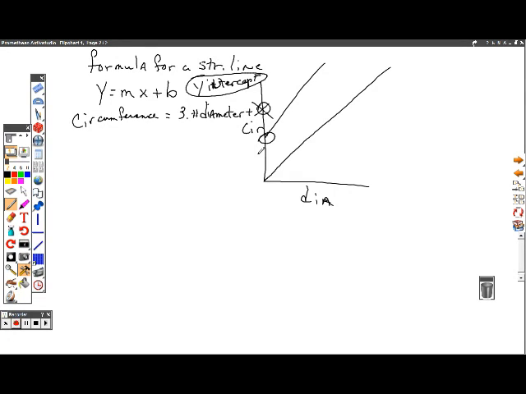If you know an abbreviation for circumference or diameter, you do not have to write it out long. You can write it short. Does anybody know an abbreviation for circumference? C equals.